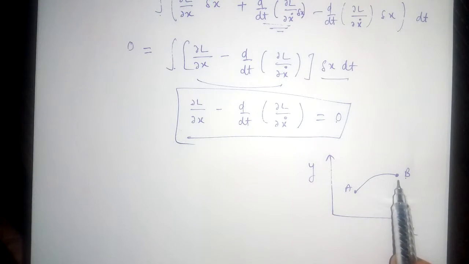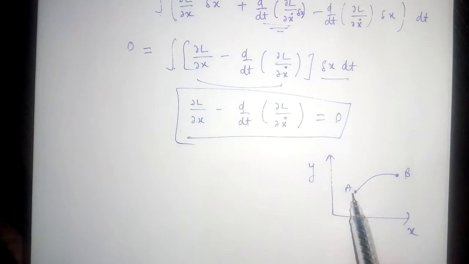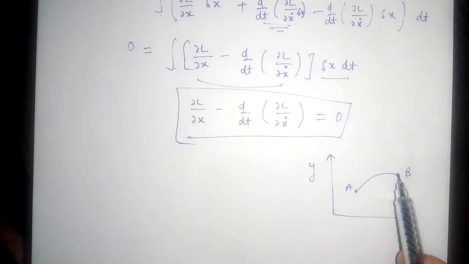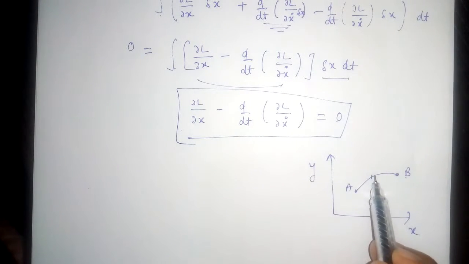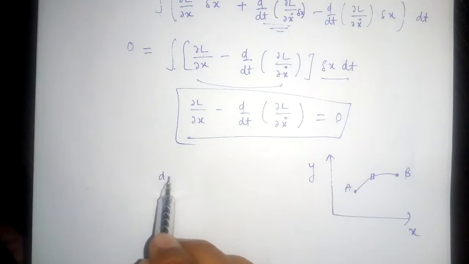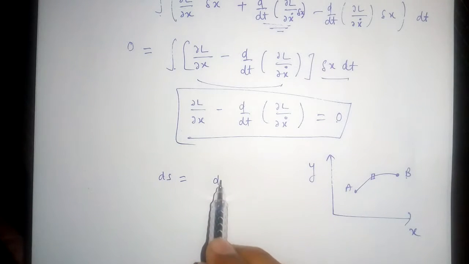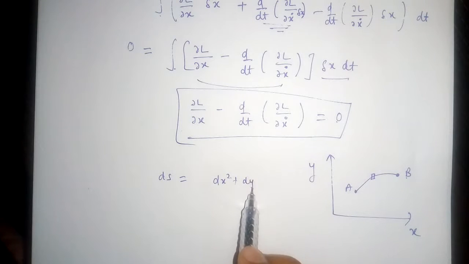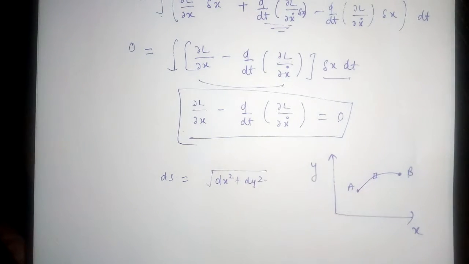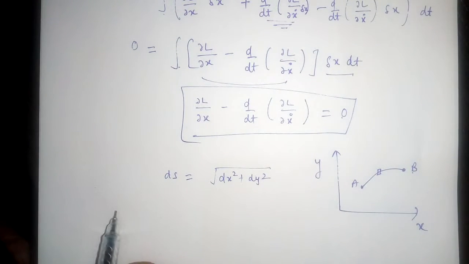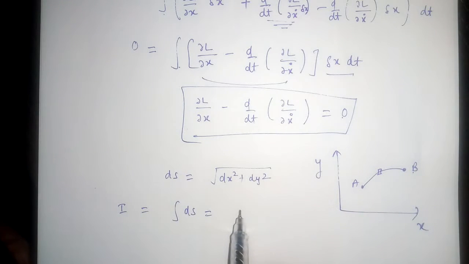For the minimum path a to b, this will be a straight line, we have to prove that. Then let's say this small element here is ds. What is ds here? dx square plus dy square here, then the path will be the integral of ds, square root of dx square plus dy square.